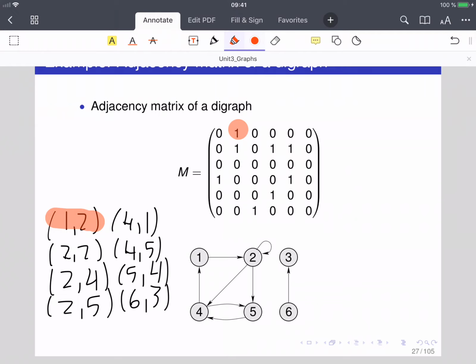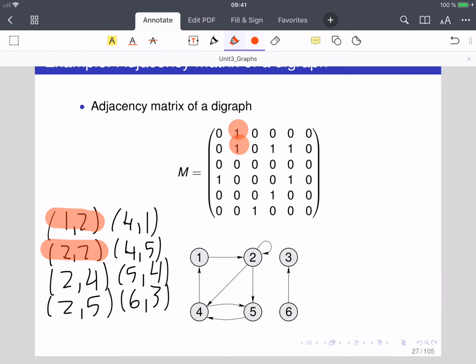In the second row, we have this 1 that is in position 2, 2. This corresponds to the loop 2, 2. Remember that all the loops are going to appear in the main diagonal of the matrix. In this case we only have one loop, so there is only one loop in the diagonal.